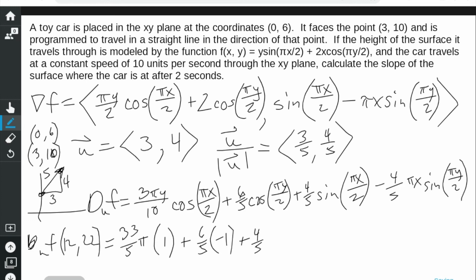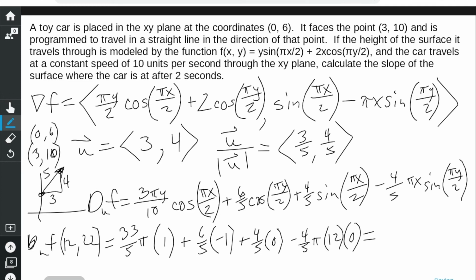All right, if we plug in a 12 for x into our sine function, we get the sine of 6 pi, which is 0. And then if we plug a 22 in for y into our second function, we get sine of 11 pi, which is also 0.